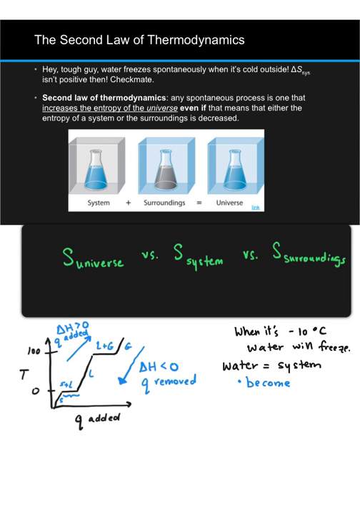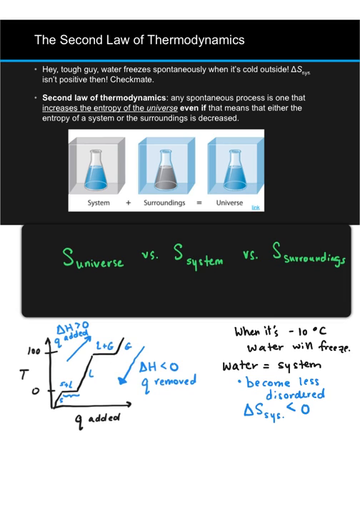Or another way to think about that, less disordered. Mathematically, the entropy of our system has changed so that it is now less than zero.